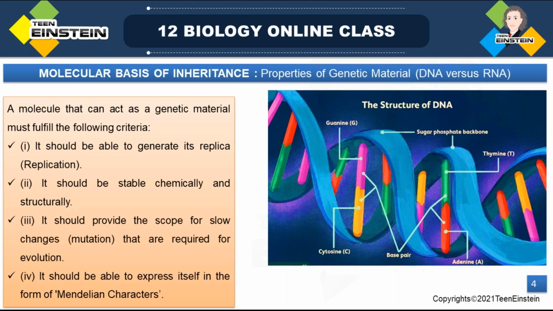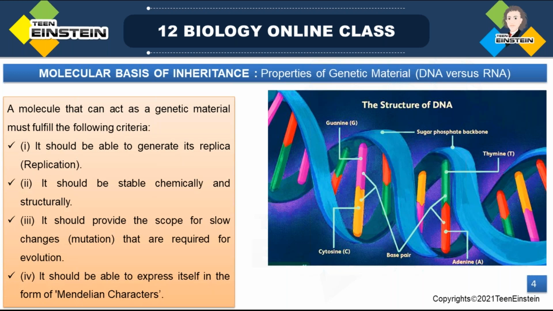According to the criteria which must be fulfilled by a genetic material, first, it should be able to generate its replica, or form its copy, and it should be stable chemically and structurally. It should not change with age or physiological changes, or during different stages of life cycle also.